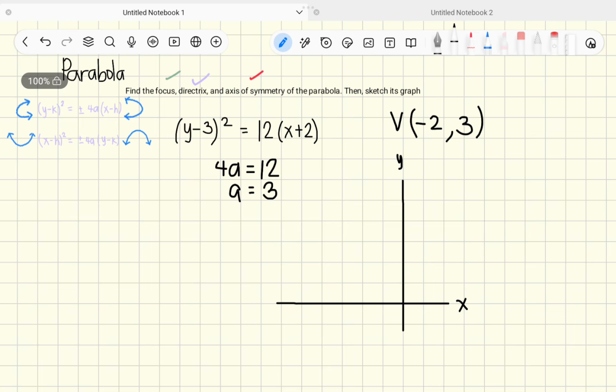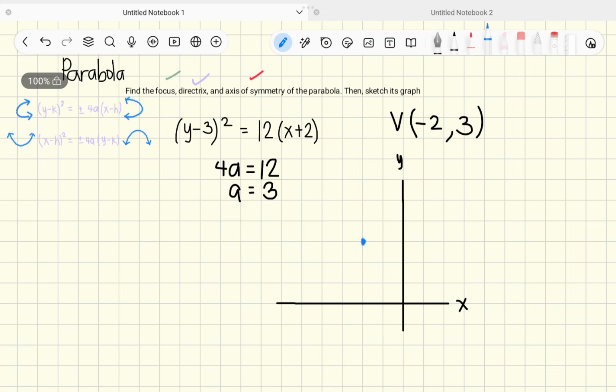So 1, 2. And then 3 units up. 1, 2, 3. So this is where your vertex is located. So here. This is your vertex.